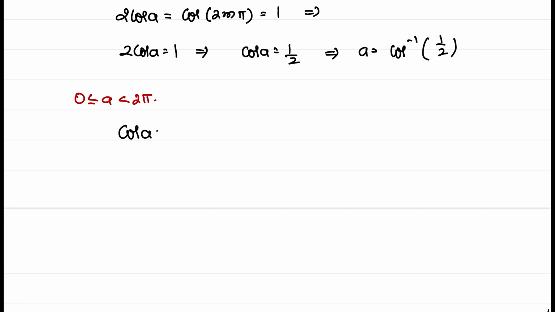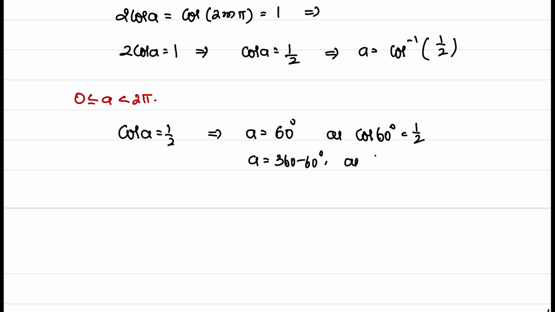Cos a is equal to half implies a is equal to 60 degrees, as cos 60 degrees is equal to 1 by 2, or a is equal to 360 minus 60, as cos 360 minus 60 is equal to cos 60, that is equal to 1 by 2.